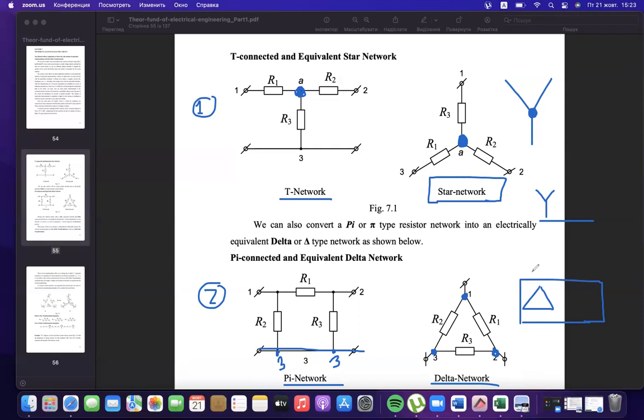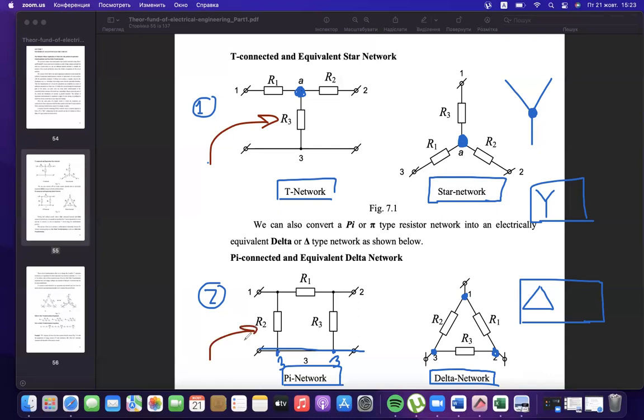In English speaking literature, it is mostly called Y delta connection. In electronics books, it is called T network, P network, because it discusses the movement of signal, the flowing of signal.